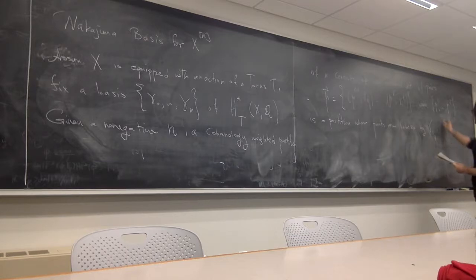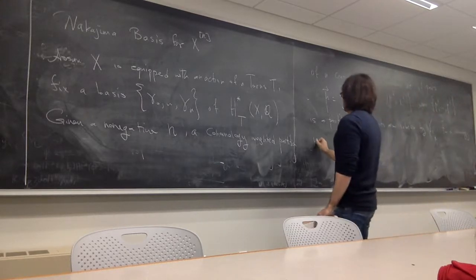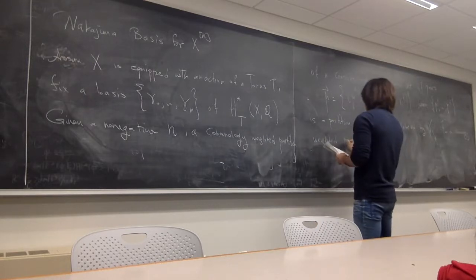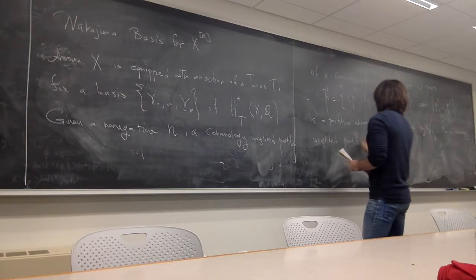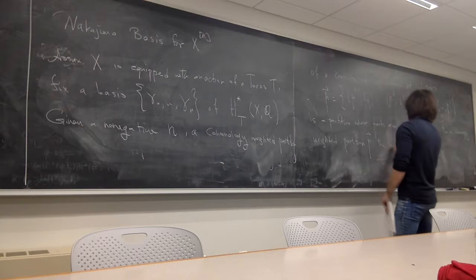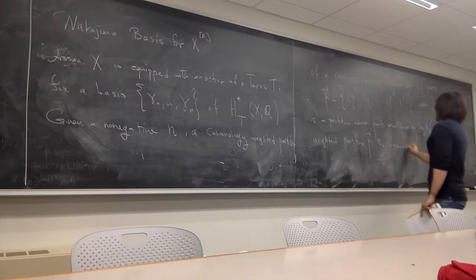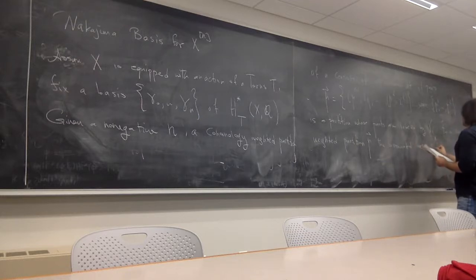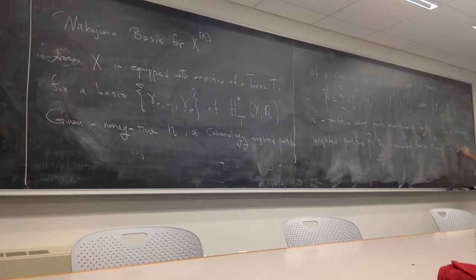So for a homology weighted partition mu, the associated basis element is given by.